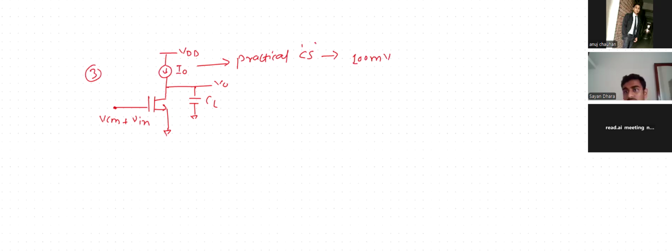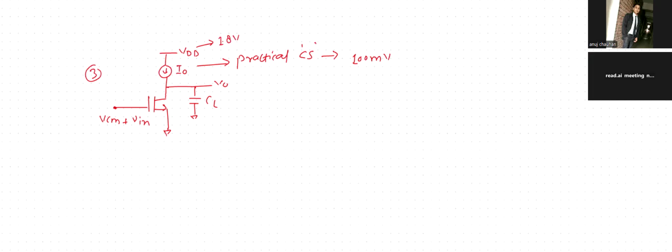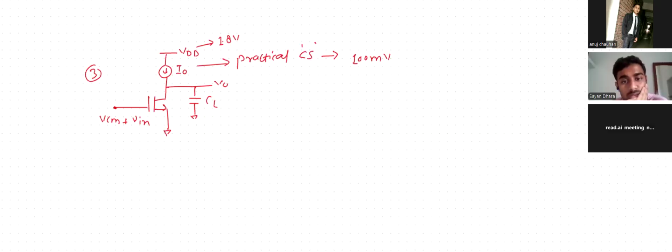This is your 1.8 volt. So this is a practical current source. It needs minimum 100 millivolt across it to remain in saturation, like a proper current source.